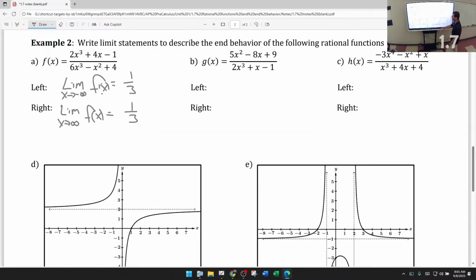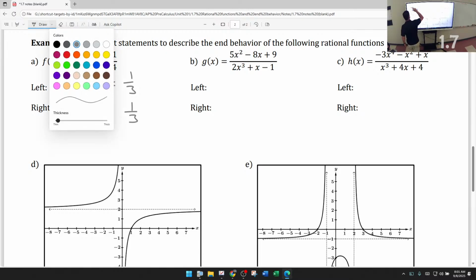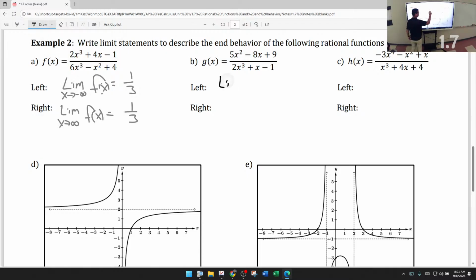Okay. Here we go again. Limit x goes to negative infinity. Limit x goes to positive infinity. G of x. I can't write too fast apparently. G of x equals.